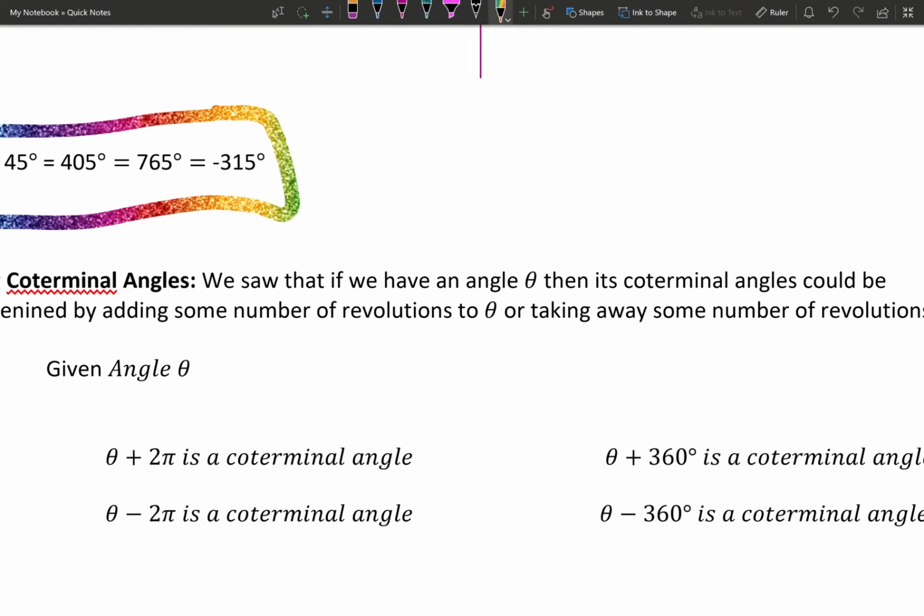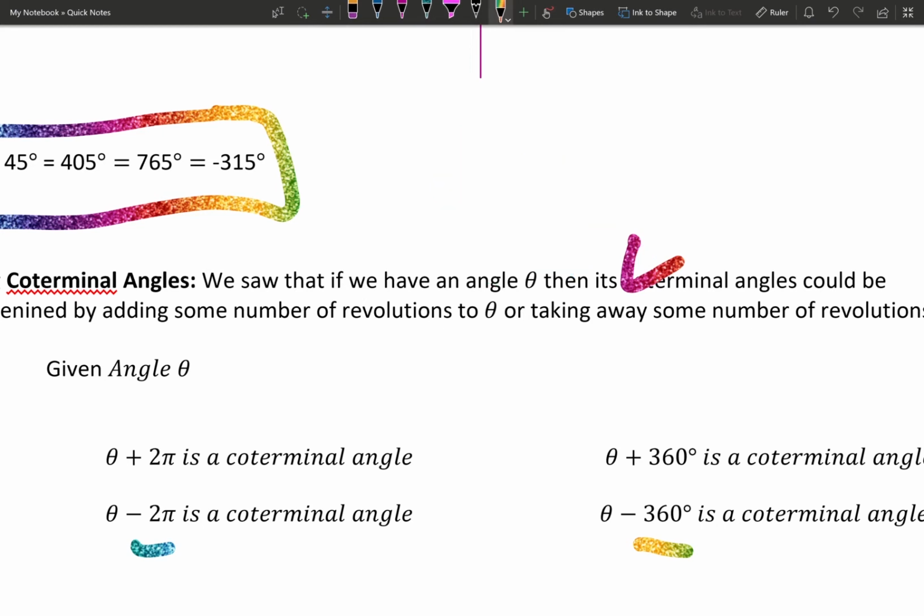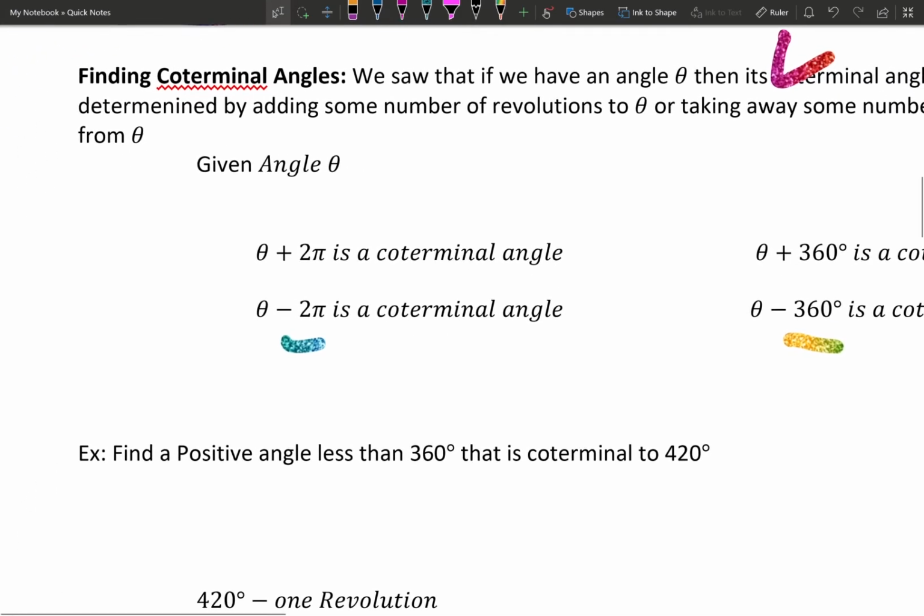So one revolution counterclockwise is 360 degrees or 2 pi radians. One revolution clockwise, this way, is minus 360 degrees or minus 2 pi. Okay, because anytime we move clockwise, our angle becomes negative. Alrighty, so let's do some examples.